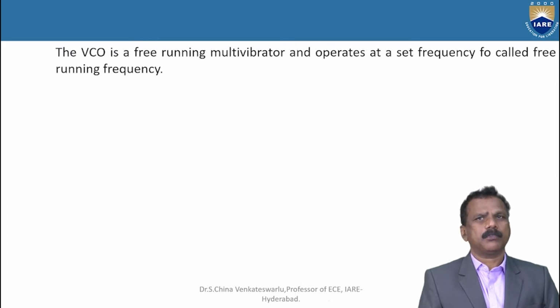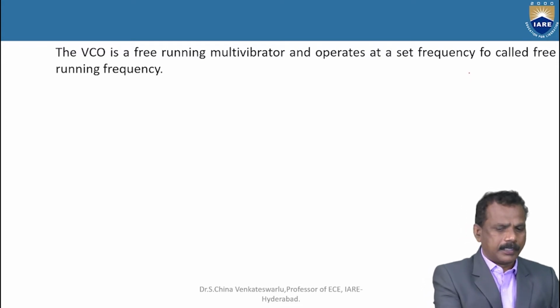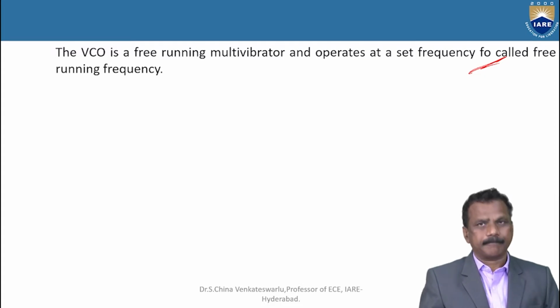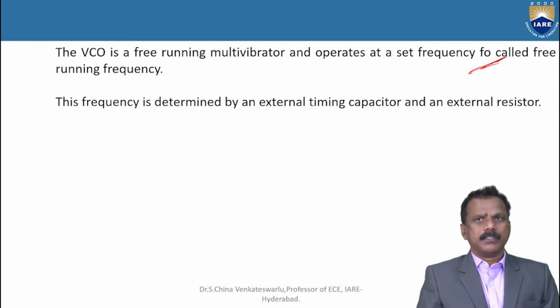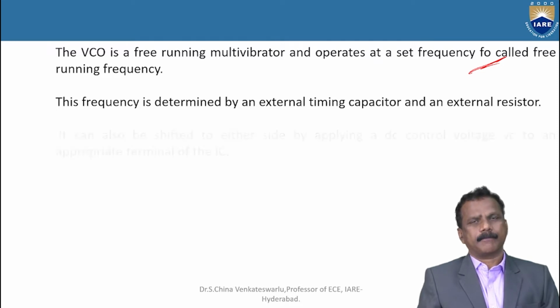The VCO is a free running multivibrator and operates at a set frequency F0, called the free running frequency. This frequency is determined by an external timing capacitor and an external resistor.